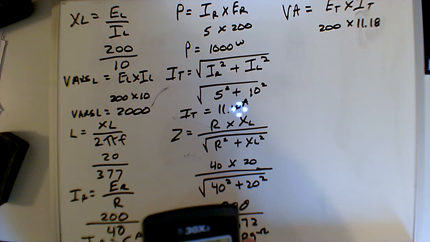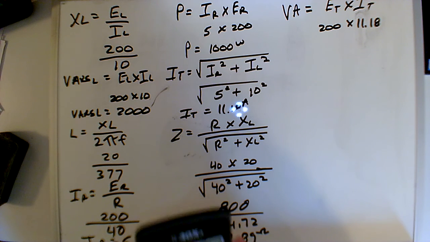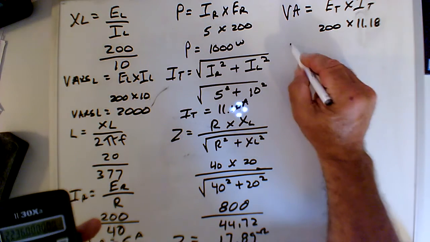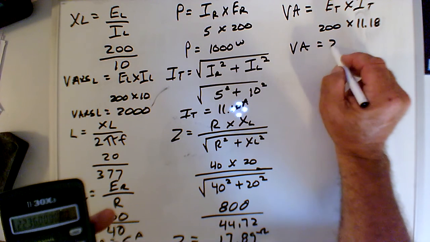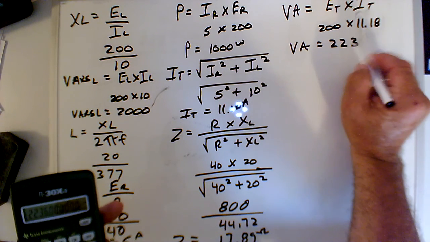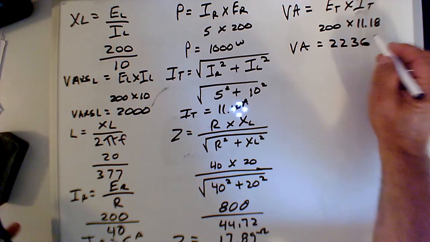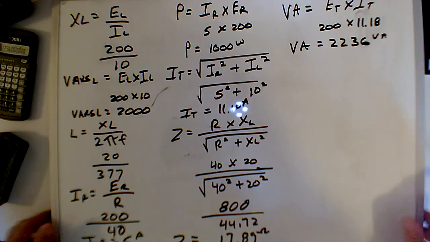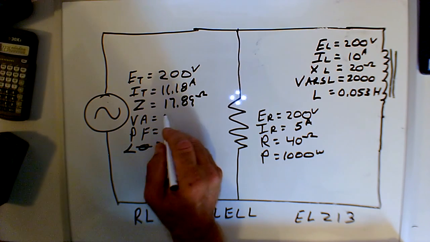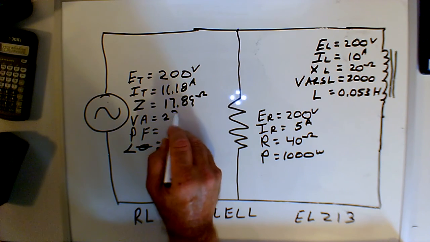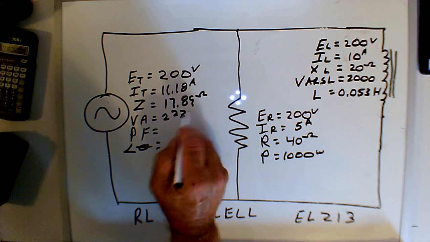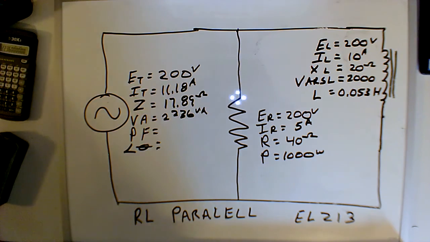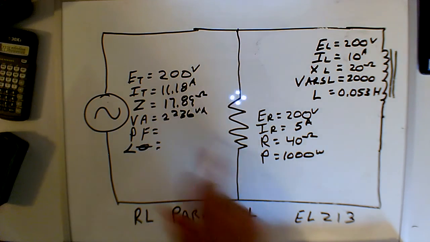So 200 times 11.18 equals 2,236, so the VA is equal to 2,236 volt amps. Alright, so let's write that in here. 2,236 volt amps.